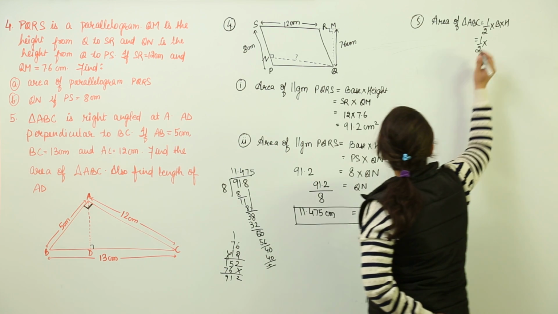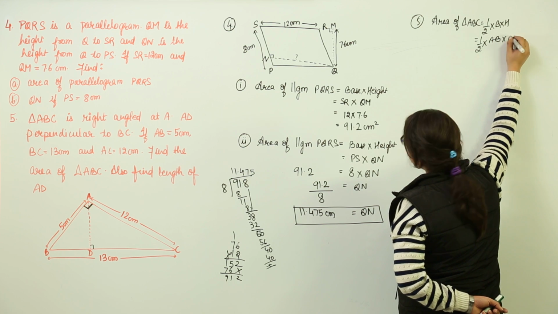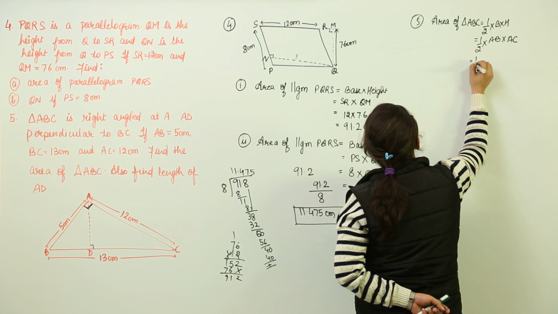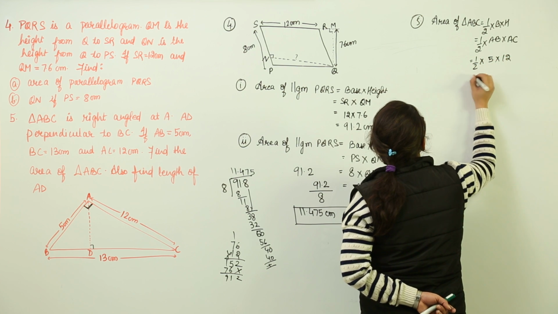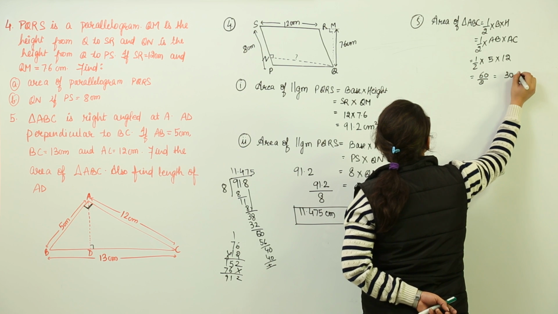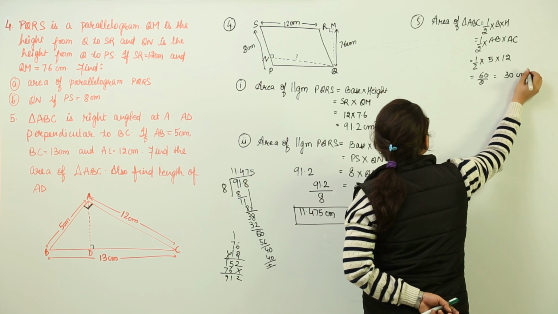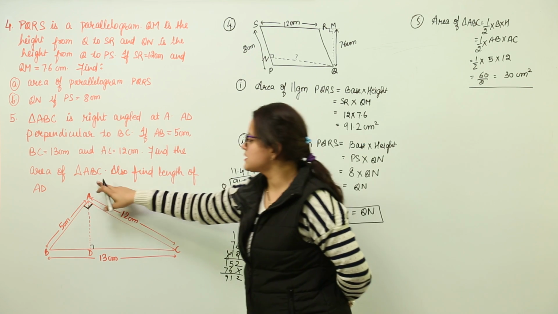So I can write here that the base AB is having height AC. So now we'll put the values. AB is 5 and AC is 12. So we get 12 5s are 60 over 2, giving us 30 centimeters square. Now this was the area to be found in the first step.